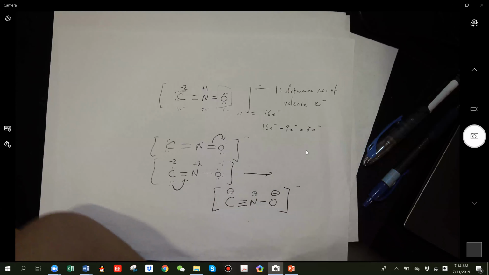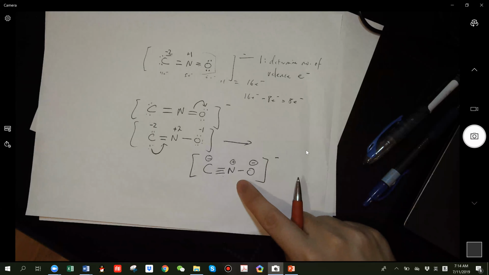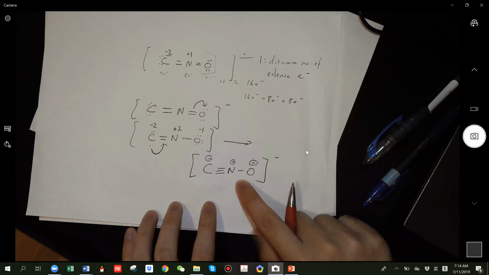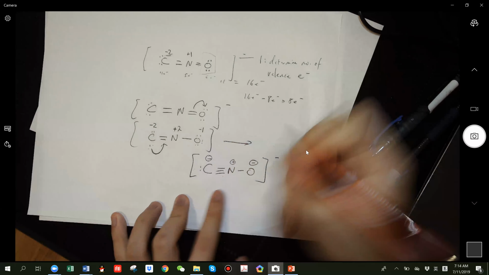Does everyone agree with this Lewis structure? Does everyone see how we got this? Okay. So now, oh, I forgot to draw the lone pairs.